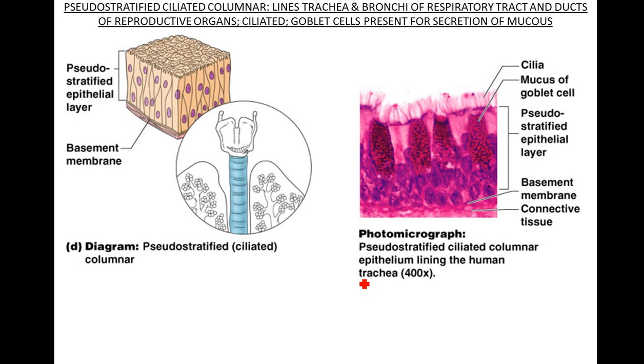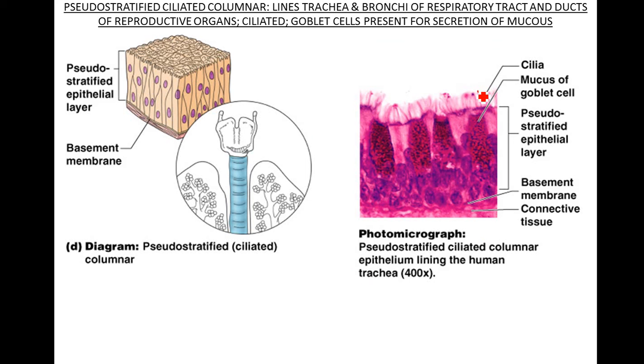All right, don't confuse microvilli with cilia. The main thing is the absorption, but it is protection and secretion. All right, so these are hair-like structures. Now, one of the things you see with pseudostratified ciliated columnar, all right?